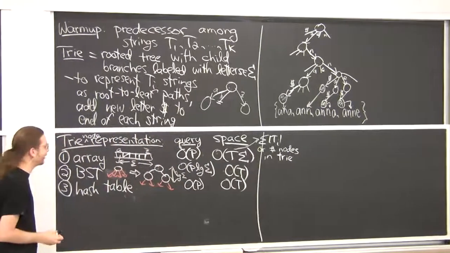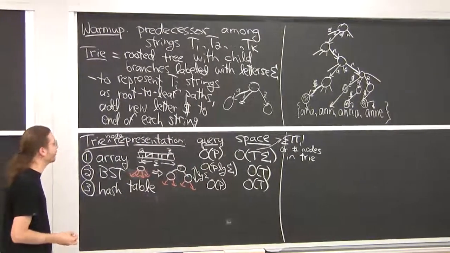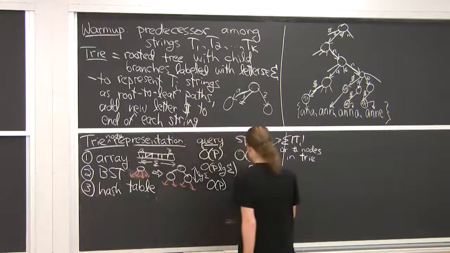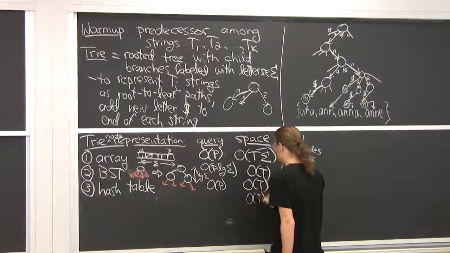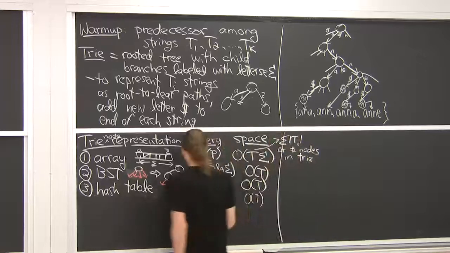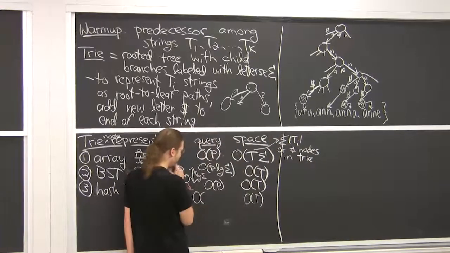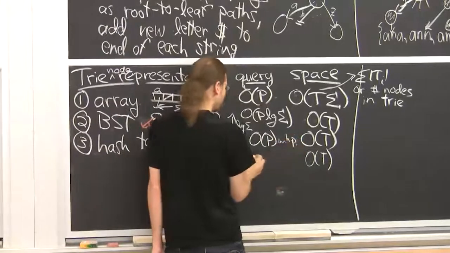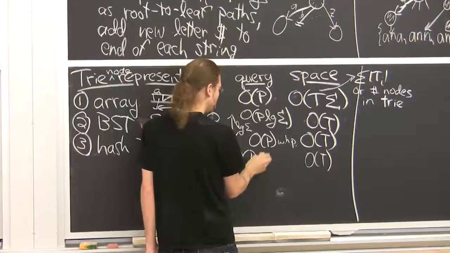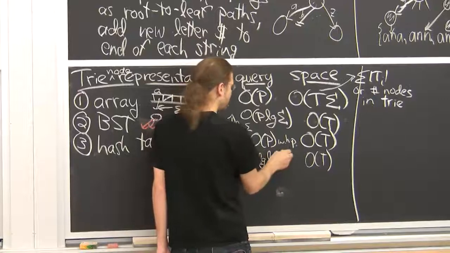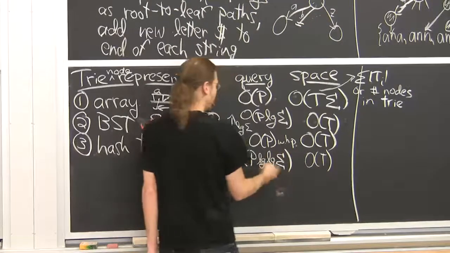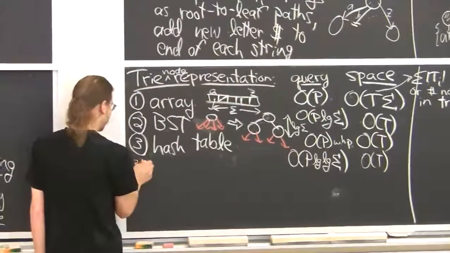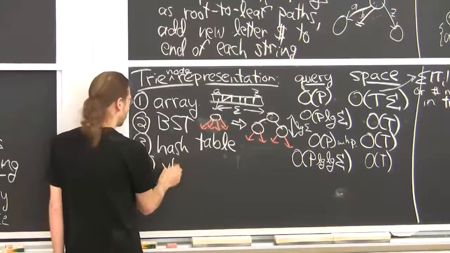Actually, I hadn't thought of that before. So we could use Y-fast trees or something, and we would get order T space, and with high probability, we get order P log sigma, I guess, because you use van Emde Boas. So I'm going to have to call it 3.5, van Emde Boas.